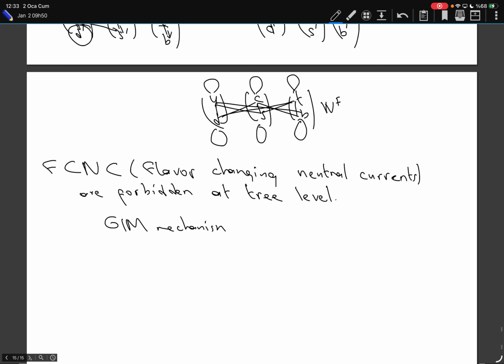You see, it is possible, for example, an up quark emits an omega plus, becomes a down quark, which then, let's say, emits a photon, remains as a down quark. But then the down quark reabsorbs this omega plus, becomes, let's say, a C quark. Or you can go the other way around if you like.